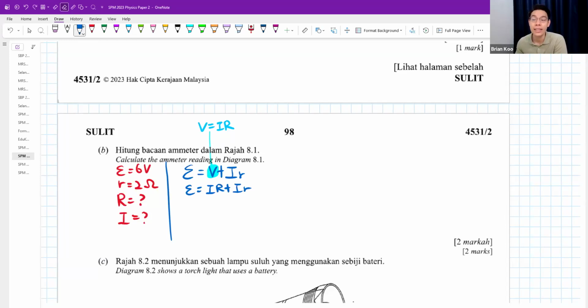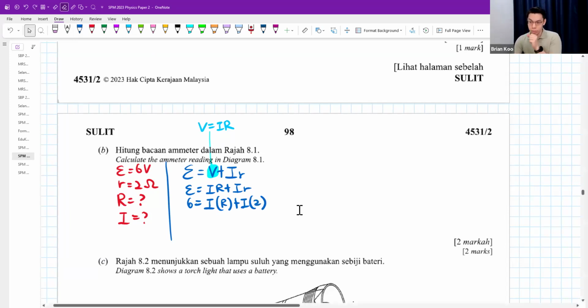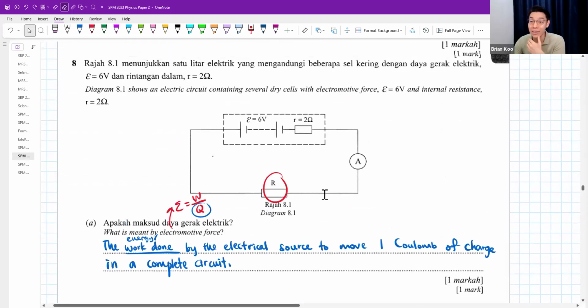So you sub in e.m.f is 6, current is I, R you don't know, internal resistance is 2. So you would think, oh no, we have 2 unknowns. Big letter R, I don't know. Big letter I also, I don't know. Is there any other way that I can find out the big letter R first? Actually, unfortunately, no.